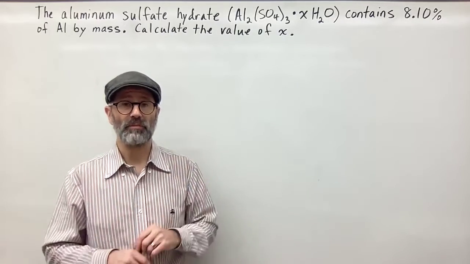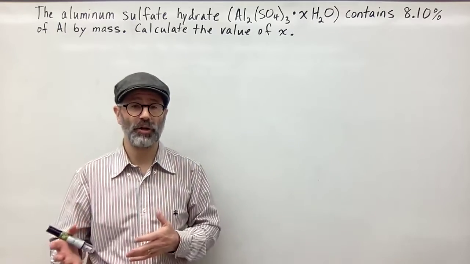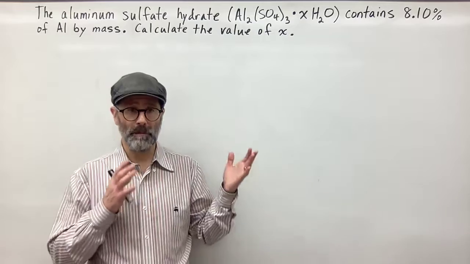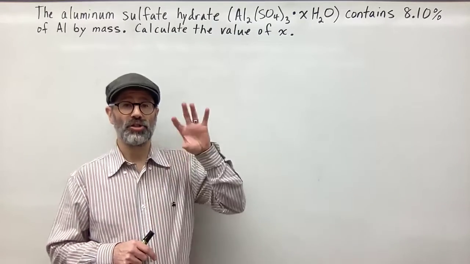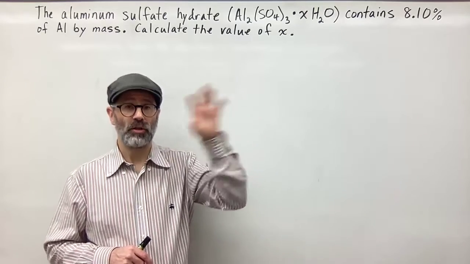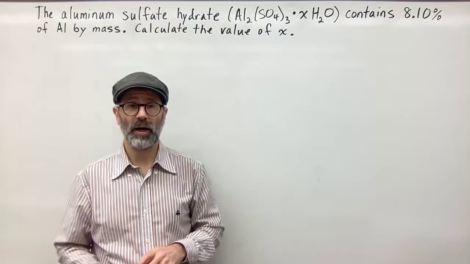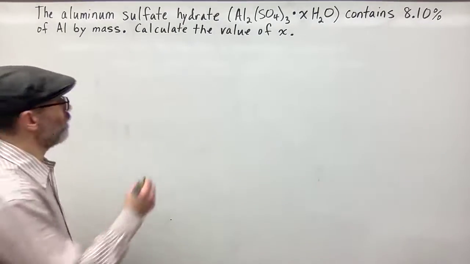That you're given. So it's a part out of a whole multiplied by 100. Here, when we're talking about mass percent or percent by mass, it's going to be a certain mass of a part of the whole divided by the whole multiplied by 100. So let's go ahead and write that out because that's going to be key to understanding the problem.